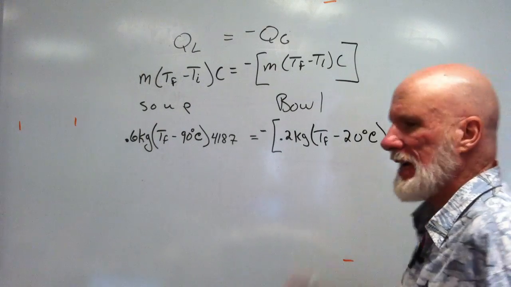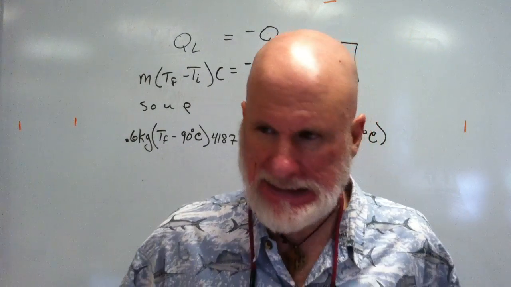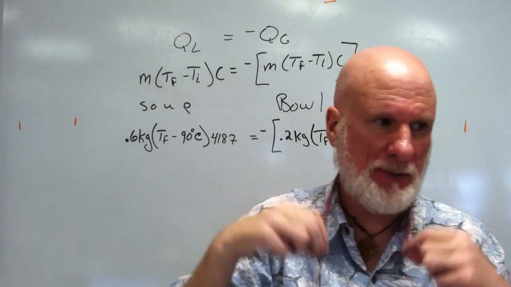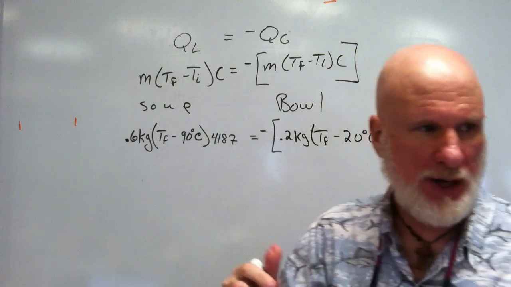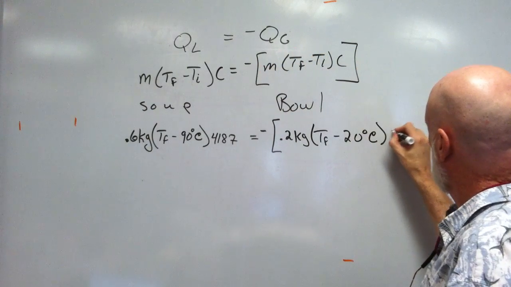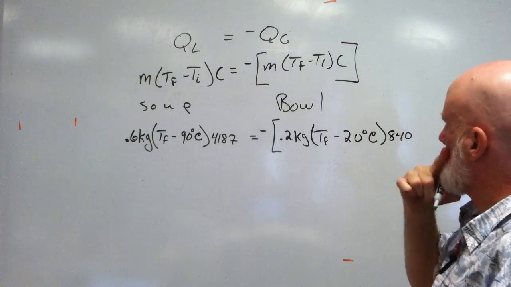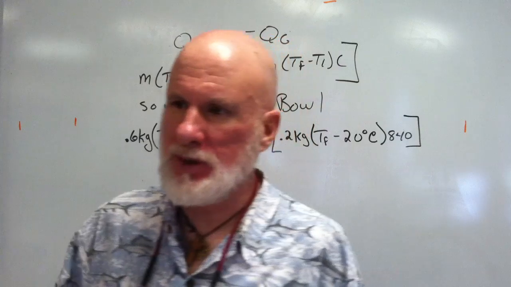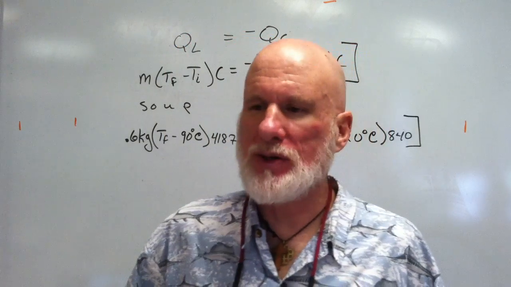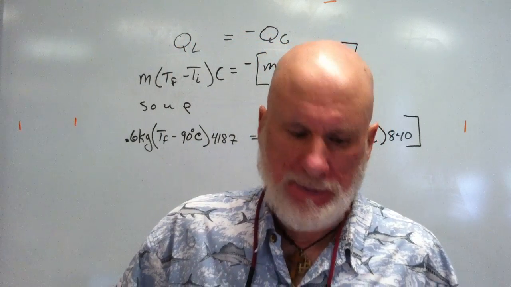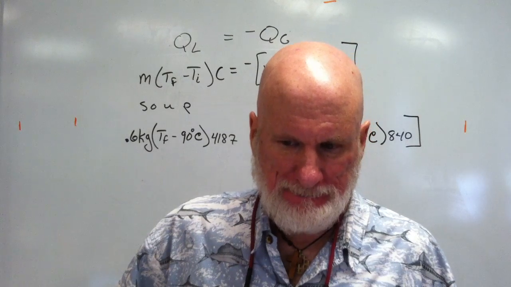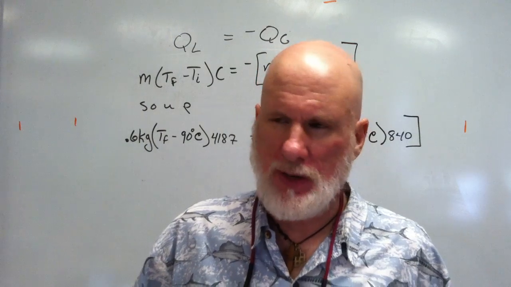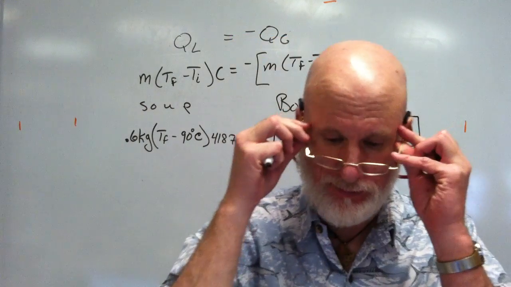And the specific heat capacity of glass, 840. 840, which is sand, that's pretty close. Sand is about 800-ish, between 800 and 900. Sand, quartz. And glass, as you know, is mostly sand, with a few other odds and ends thrown in.